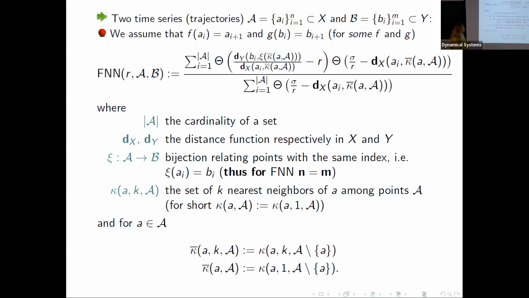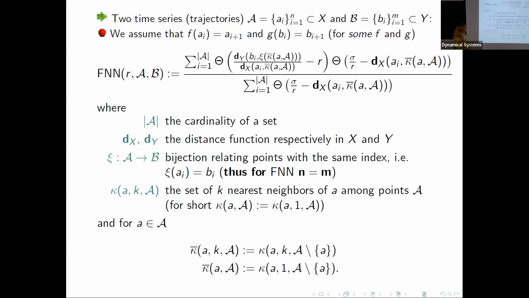And here the distance can be replaced in general by the metric in these spaces. So we only need them, I think, to be Hausdorff spaces. And here we choose a point, let's say A_i, in our first trajectory.